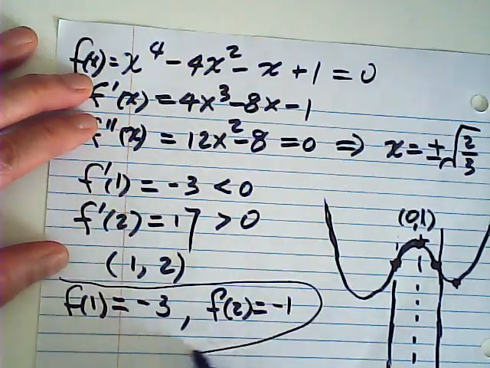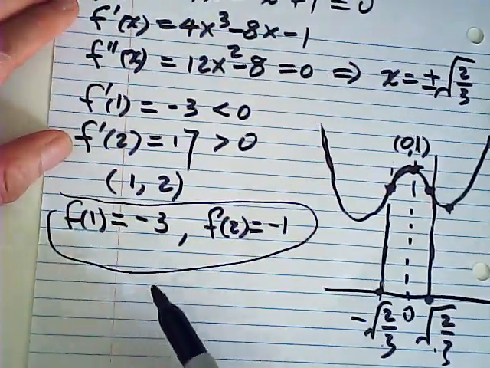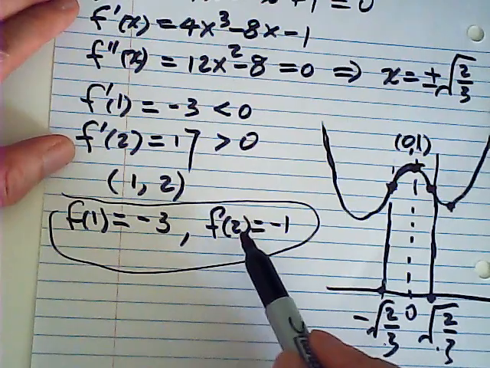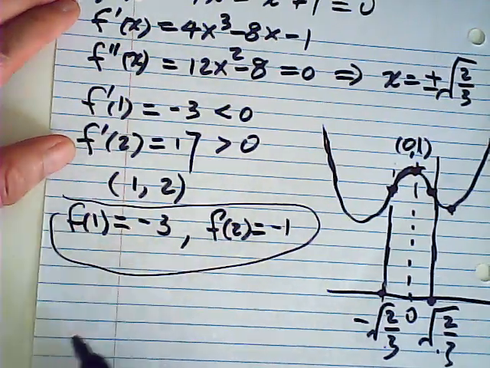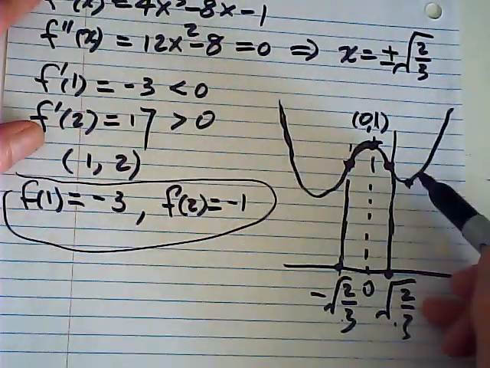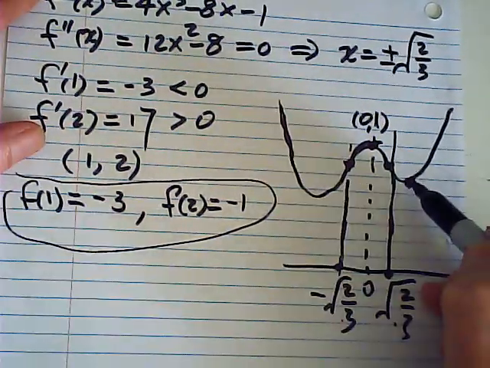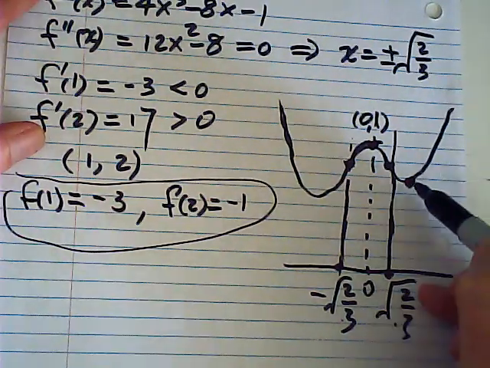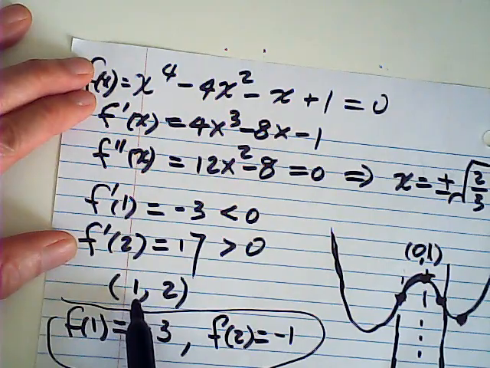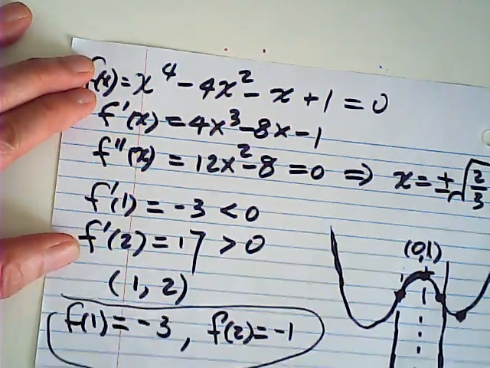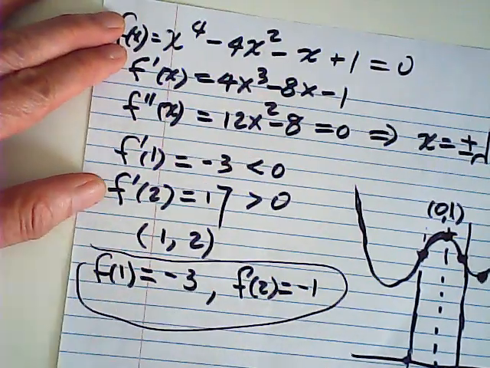These two values are below the x-axis. Therefore, the minimum value for sure will be below the x-axis. All right? This point must happen in the interval of 1, 2, because f(1) and f(2) are negative.